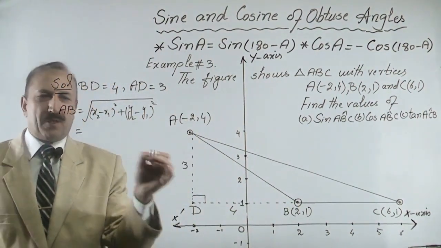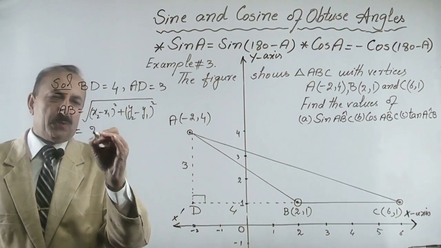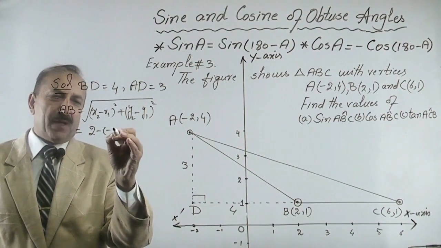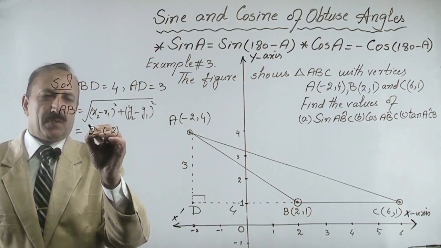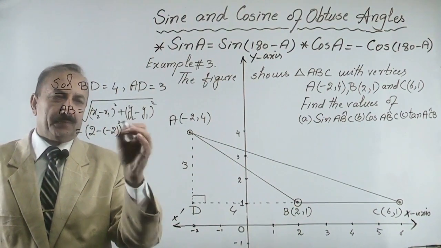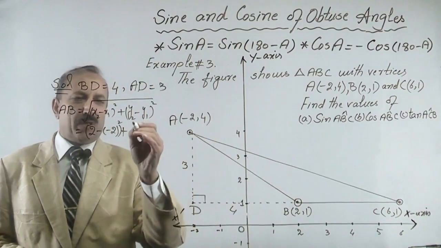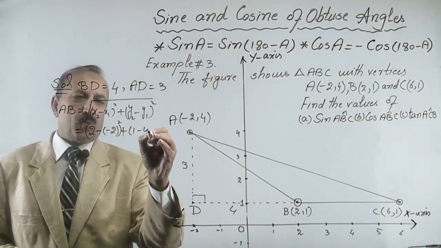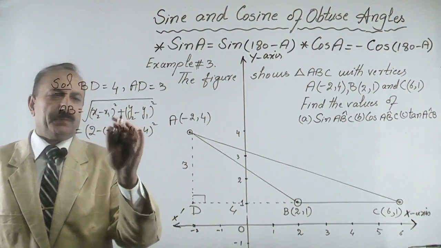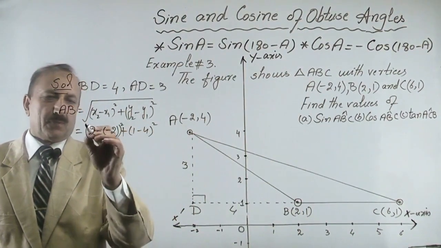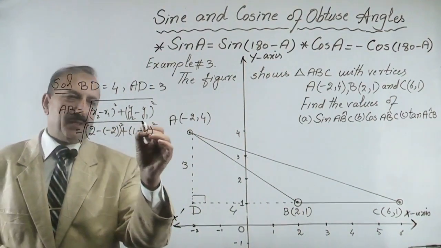Let's substitute the values. This is 2 minus 2 whole square, plus here y2 is 1, here y1 is 4, this is 1 minus 4 whole square. The square root remains the same.